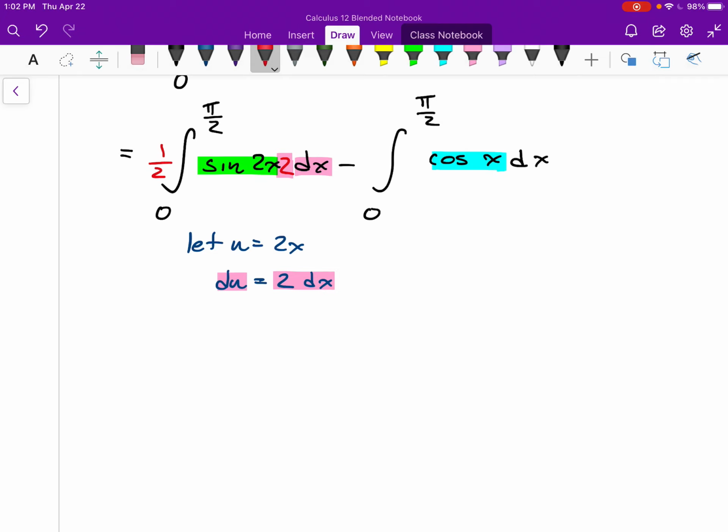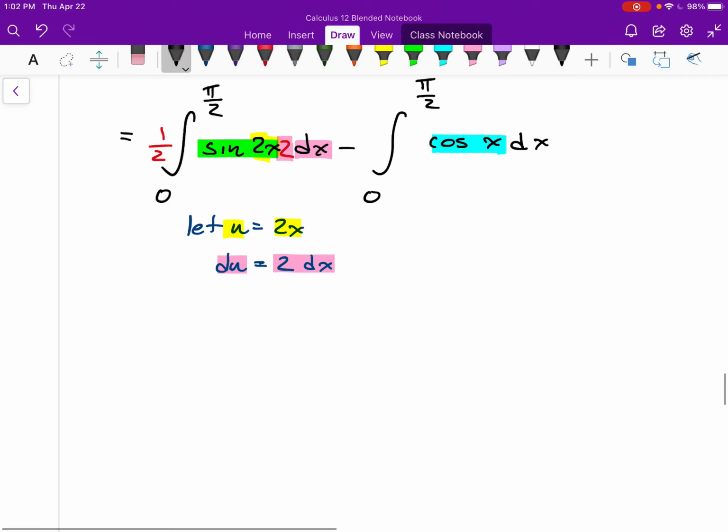There we go. And so I'm going to let u equal 2x. And so again, focusing on just that first integral, I'm going to focus on just the indefinite integral. I have 1/2 times the sine of u du.